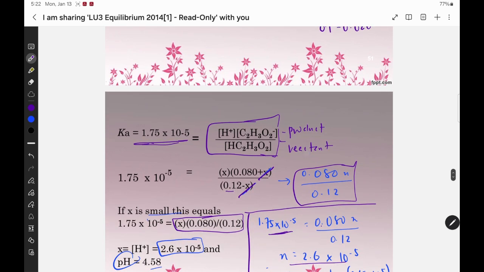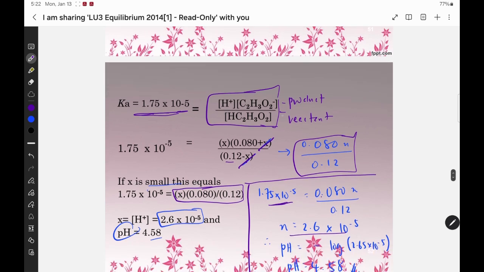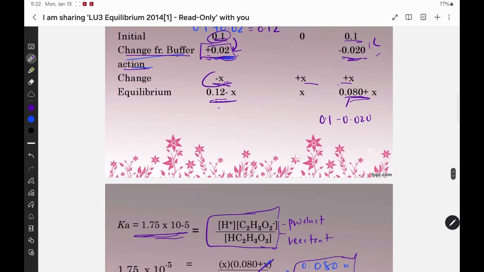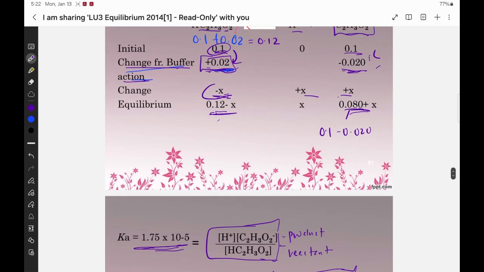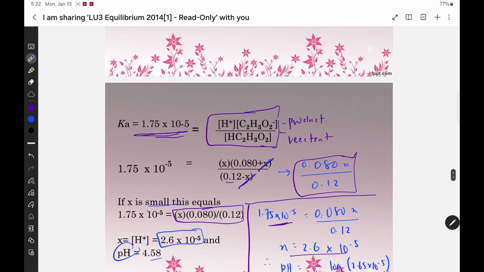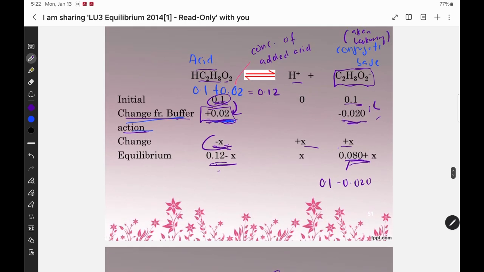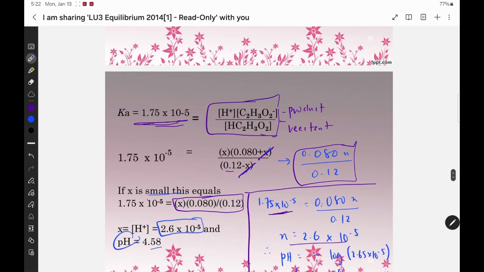For the next step, we are given here the value of Ka. For Ka, we know that the product will be divided by reactant. In this Ka, we want to know the value of the change here, the x. So we just insert the values from the equilibrium just now into this equation.